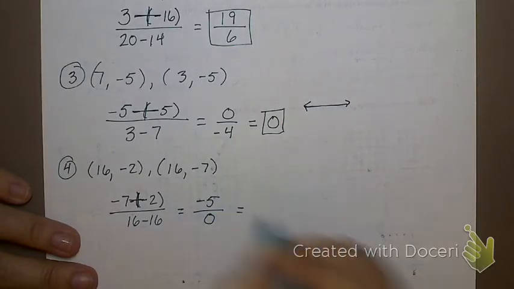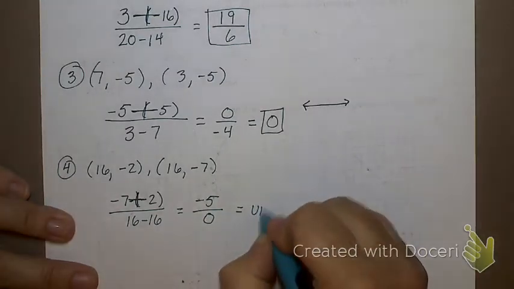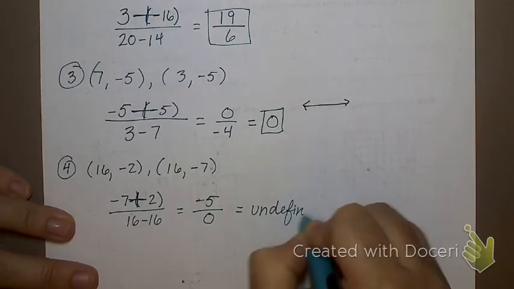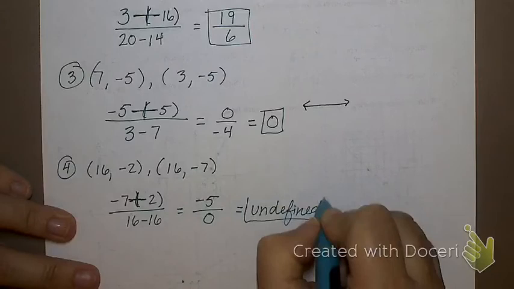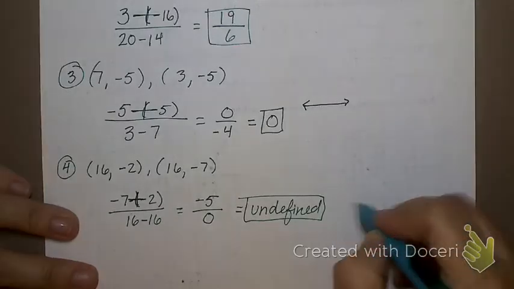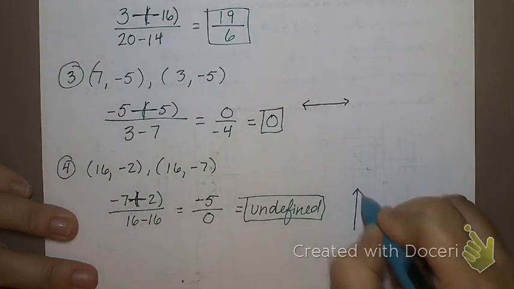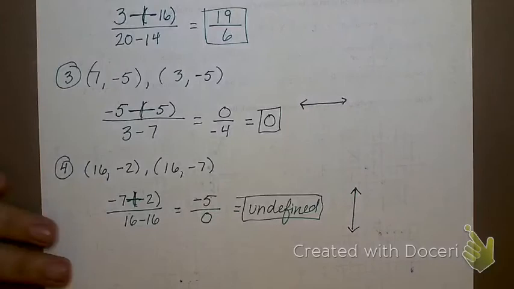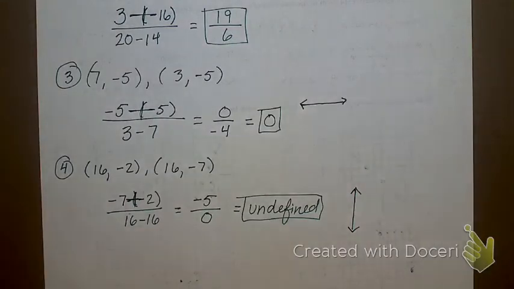What does that mean? Remember the impossible pizza situation? That's an impossible pizza situation. 0 on the bottom is undefined. What does that tell me about that line? It is a vertical line. Okay.